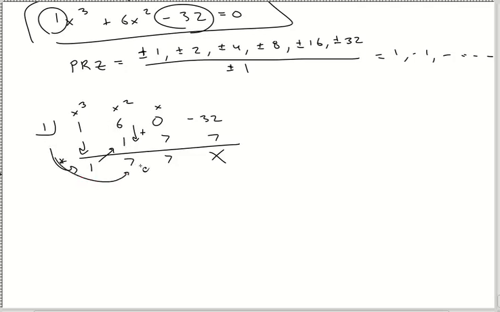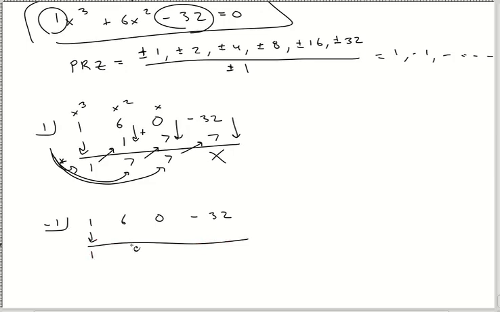And then 1 times the 7 is 7, 0 plus 7 is 7, 1 times the 7, 1 times the 7 is 7, and then I don't care what this is, again, we're looking for 0 here. I'll show you why I'm using synthetic here in just a few minutes. Well, also because it's super fast. You could use long division, I guess, if you want to.